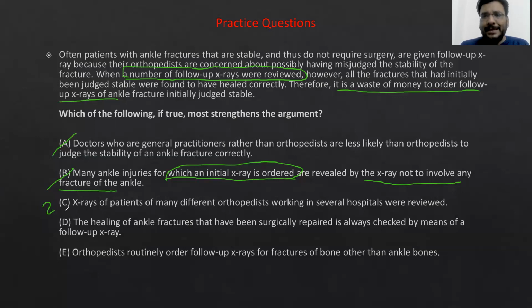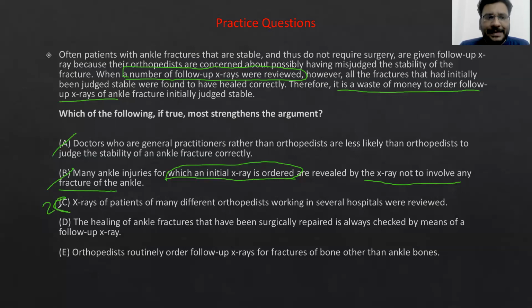If you look at it, it does not validate your conclusion, but it at least strengthens the whole argument, right? It in a sense questions the argument by saying, now, can we say that let's avoid the entire group of people not to go for follow-up X-ray, right? It at least questions that point, right? So this is the strengthener that I'm looking for.